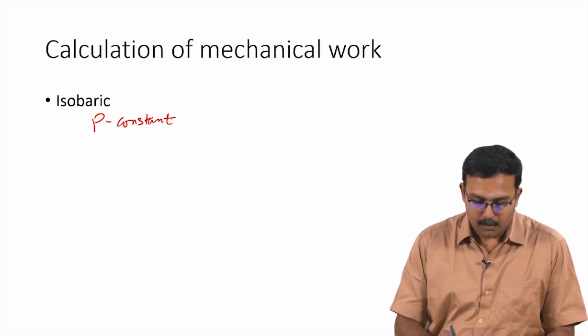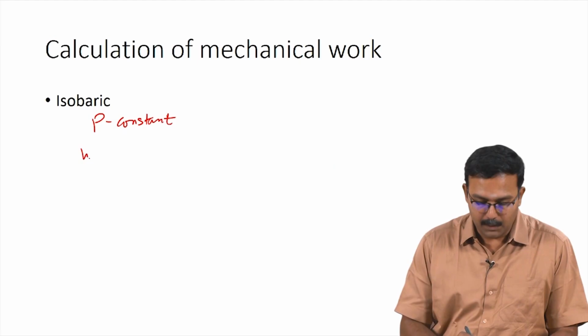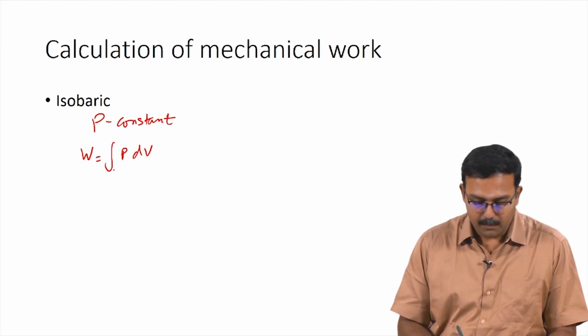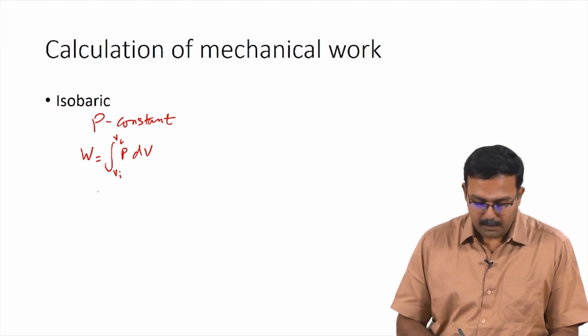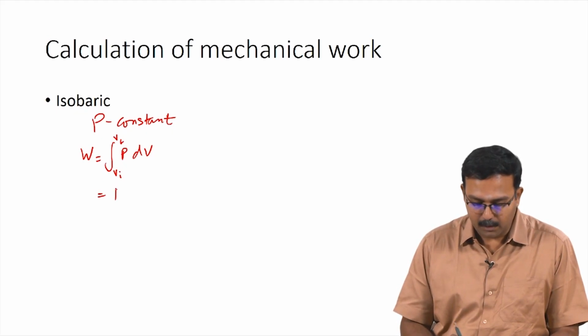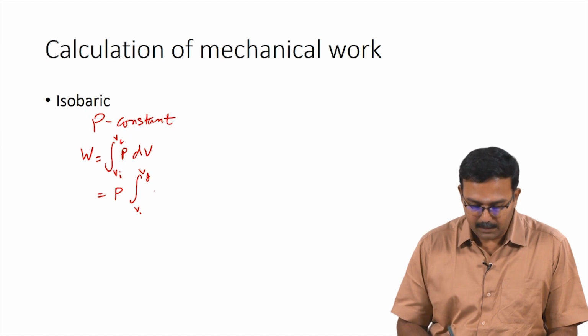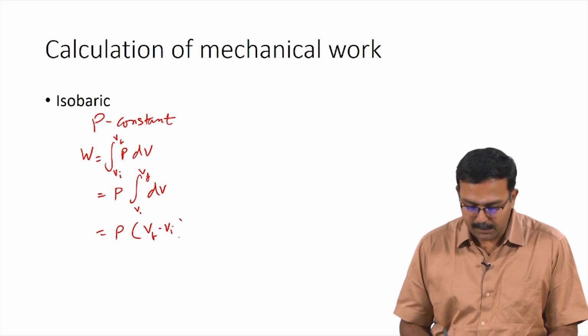Let us try to calculate work, which would be integral P dV, from initial volume to final volume. Now, pressure being a constant can be taken out of this integral, and it becomes P integral V initial to V final dV. So, this is P times (V final minus V initial).